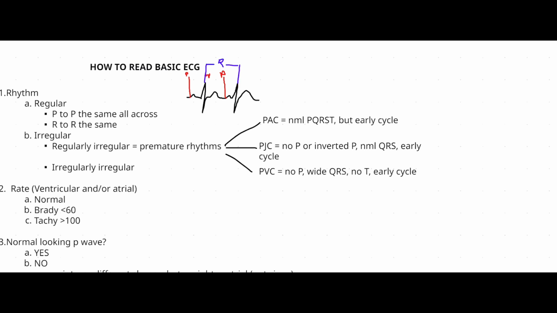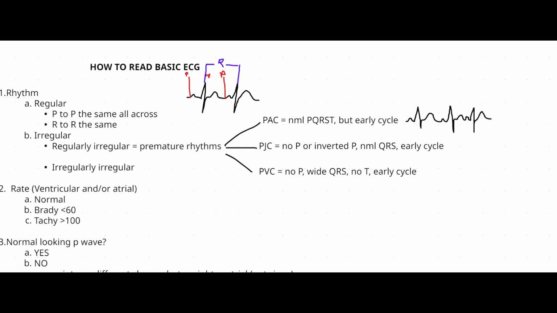So PAC, again, they're all the same, except that one would be a little bit sooner than the other. So for example, we have our P, QRST, and then the next one is supposed to be right here. And then you get the T, but then right away you see the P here. Okay, so this one is premature because it came sooner. This cycle is premature.